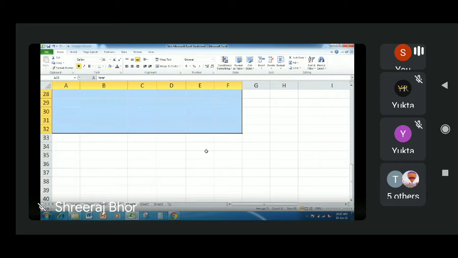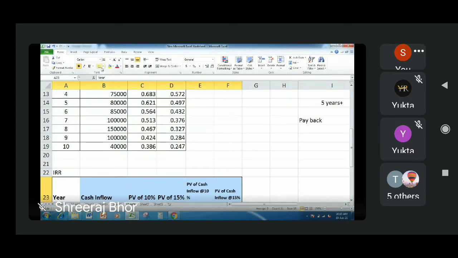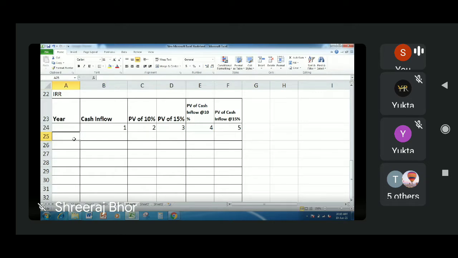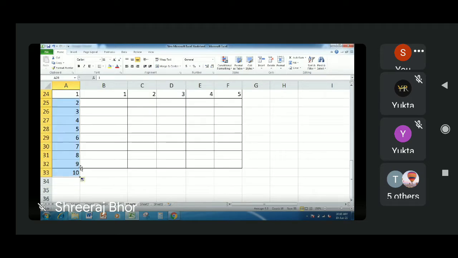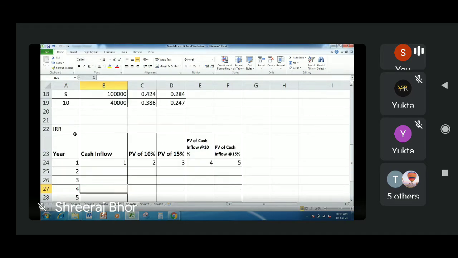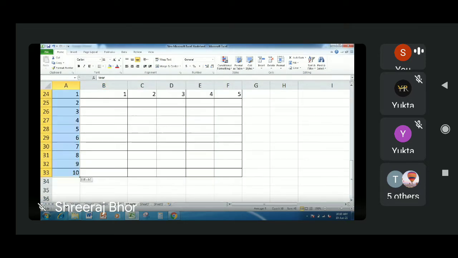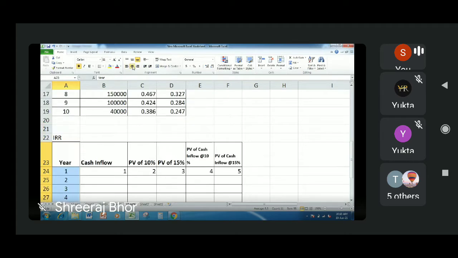Now we are going to calculate. Total 10 years are there. We will take all these 10 years for calculation. Next column is cash inflow. It is given in the problem.